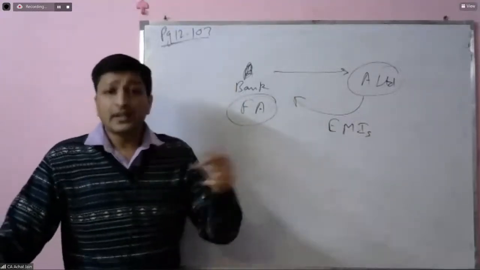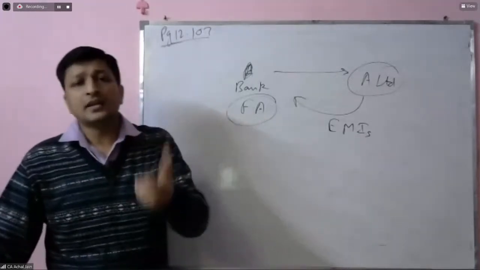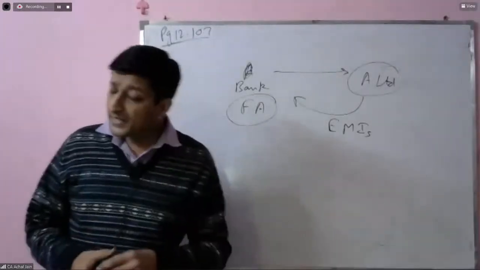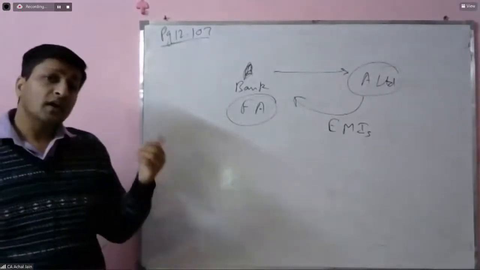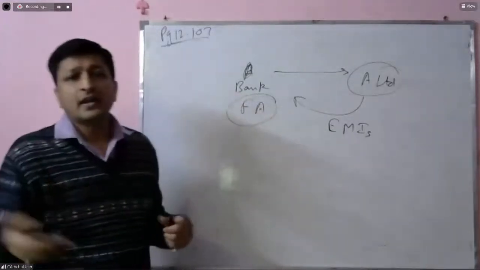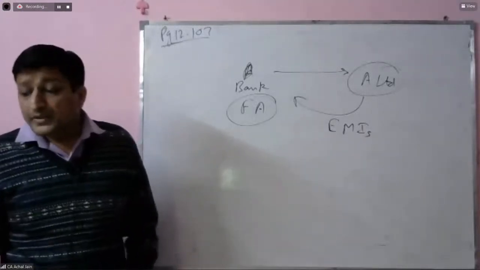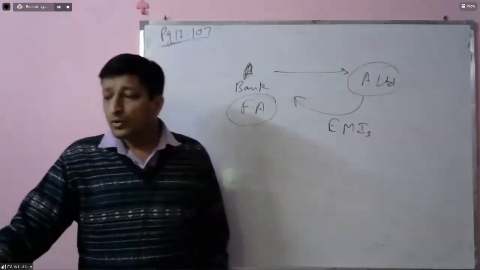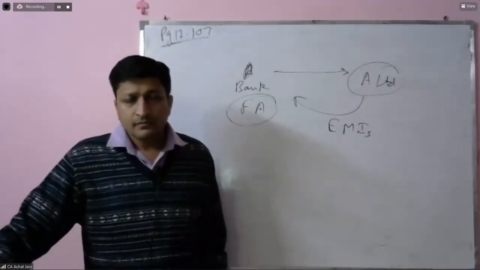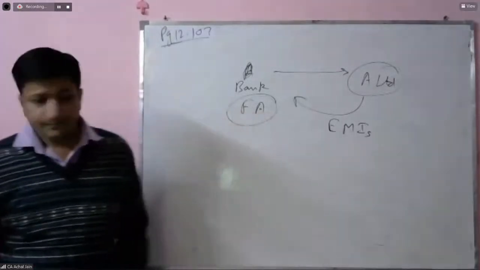The bank will say, okay, let's take a moratorium period. After that, you can start paying, but at an increased amount, means at an increased rate. Or maybe the bank may reduce the rates, but increase the period, so that the bank can earn more interest over the period. Or maybe the bank may agree to convert the loan or a part of the loan into equity shares. That is how negotiations may happen.